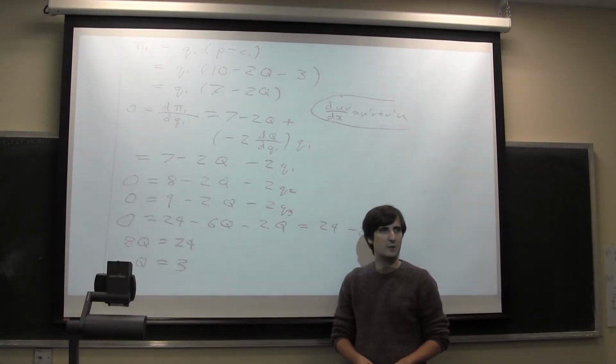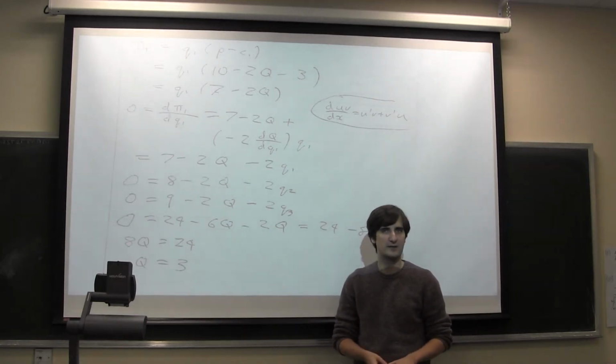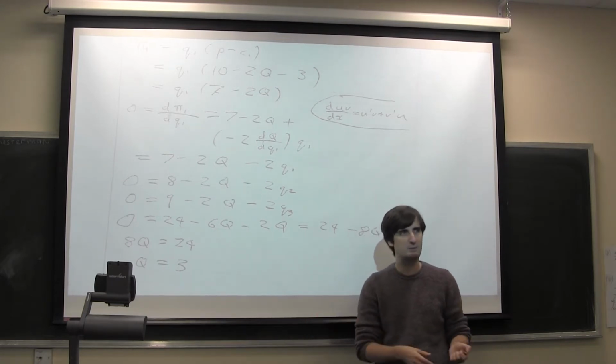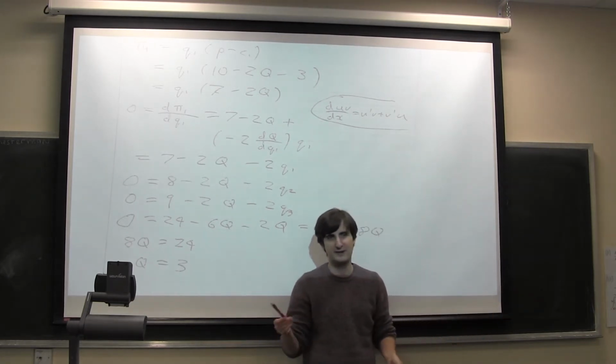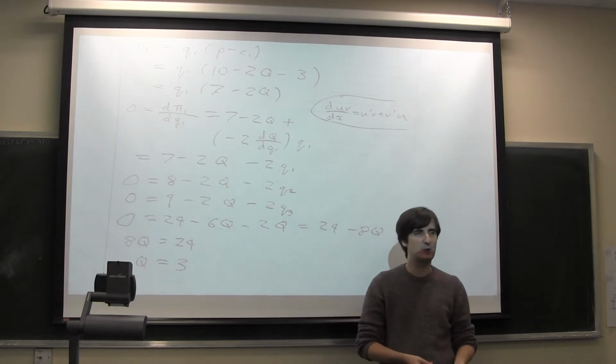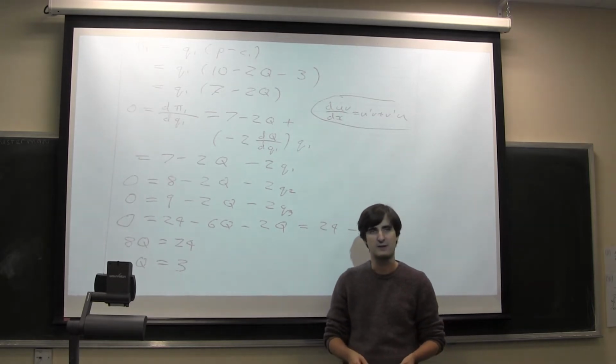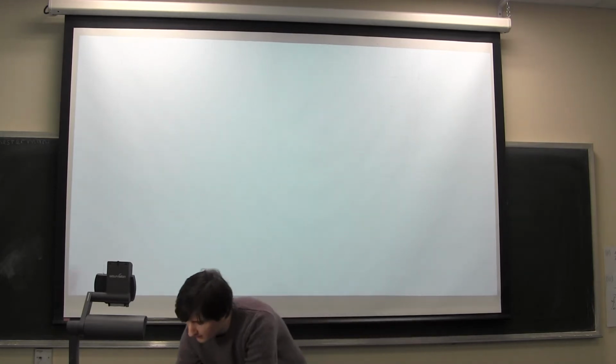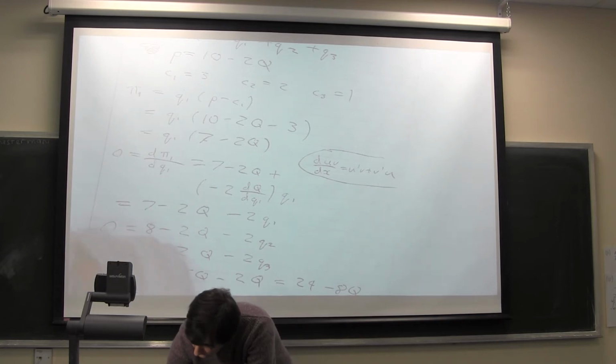So now how would we work out what quantities each firm was producing? This is the total quantity produced by all 3 firms together. How would we work out the quantity the first firm was producing? We put this back into the first order conditions.